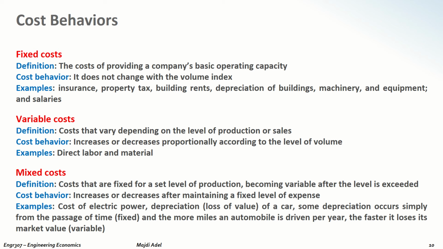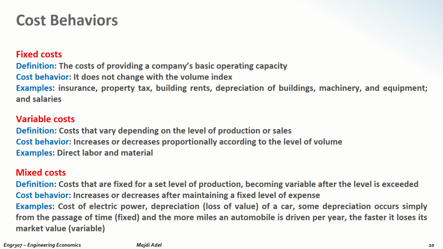Variable cost is the cost that depends on the business level. It can increase or decrease with volume index, depending on the relation between the cost and the volume index. Examples of variable cost are direct labor and direct material. They depend on the volume index.